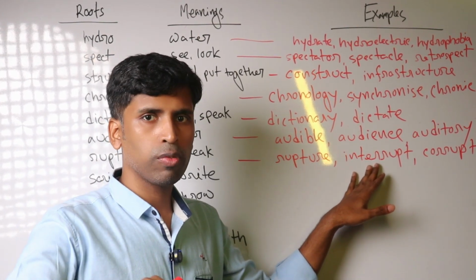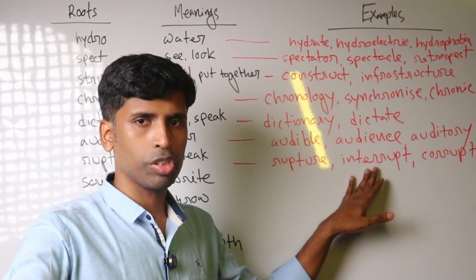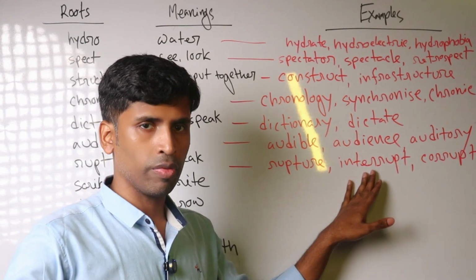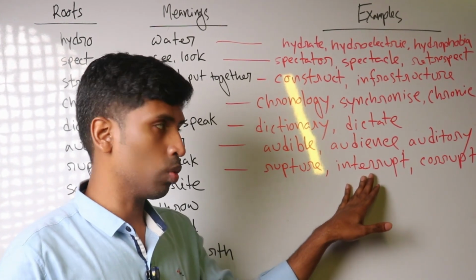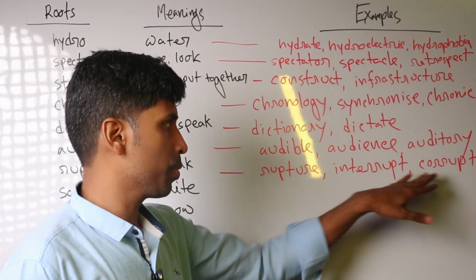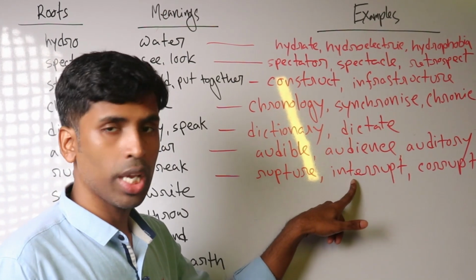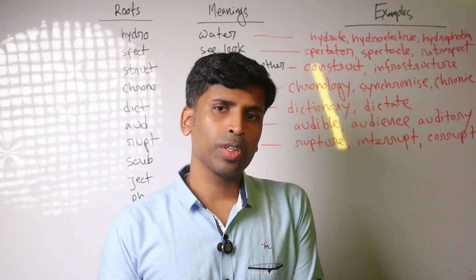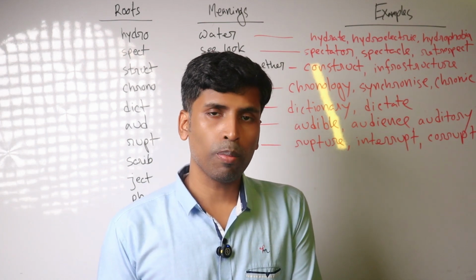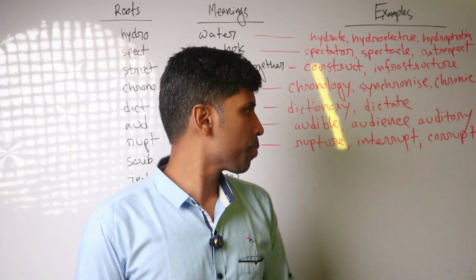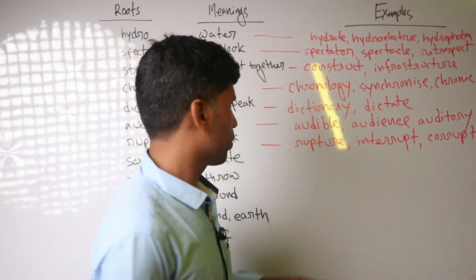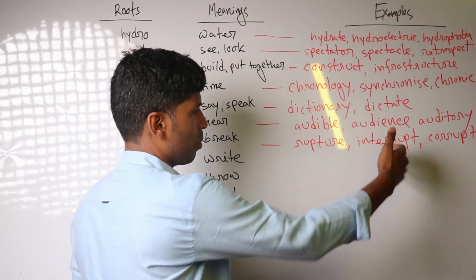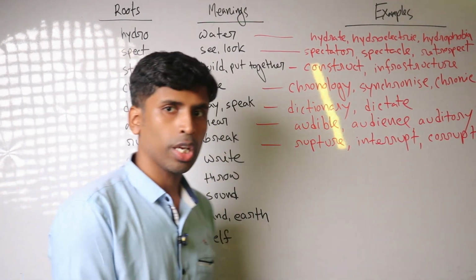Okay, so you're breaking the flow of something, either a conversation or some other activity. To interrupt. A synonym would be to break in or to butt in. Corrupt means, you know, breaking the code of moral conduct. Okay, so that's something bad. So all these words have something to do with breaking or breaching.